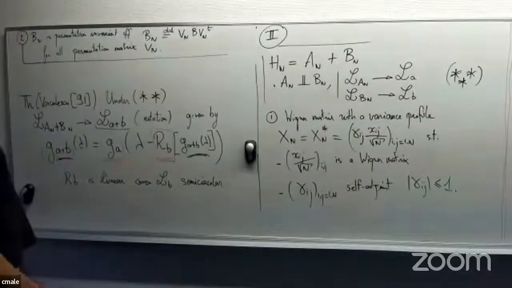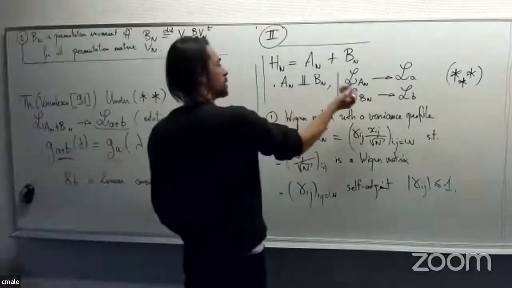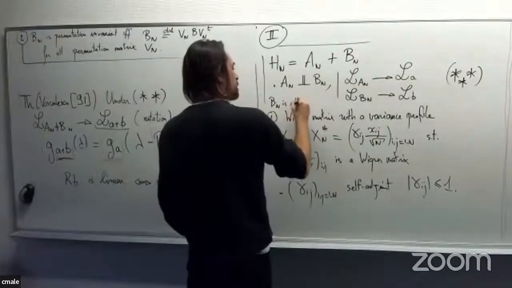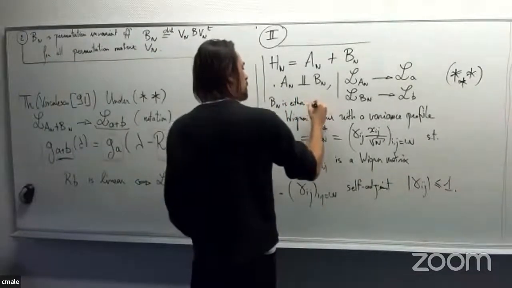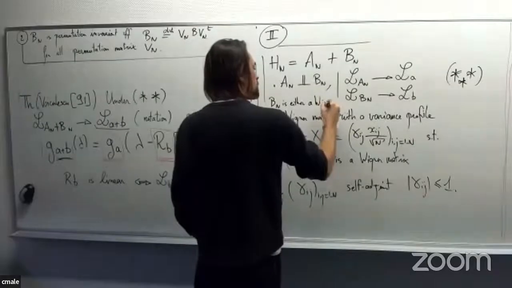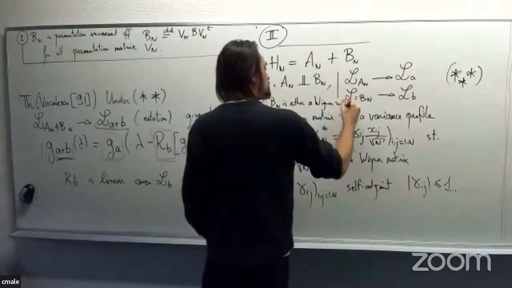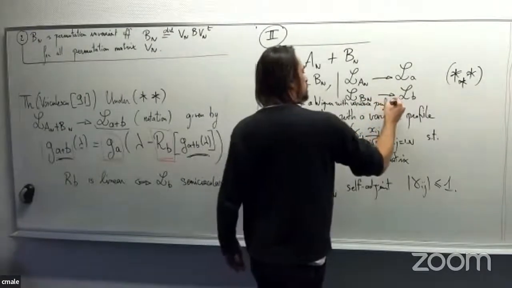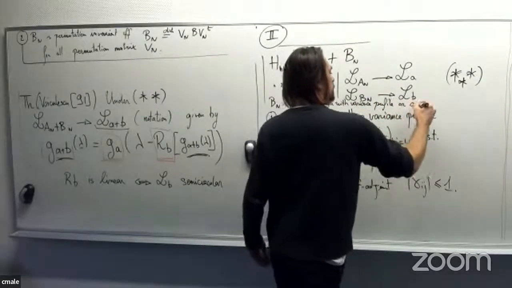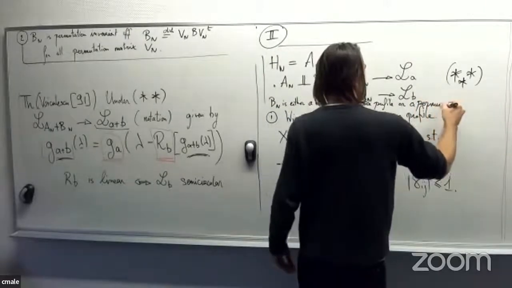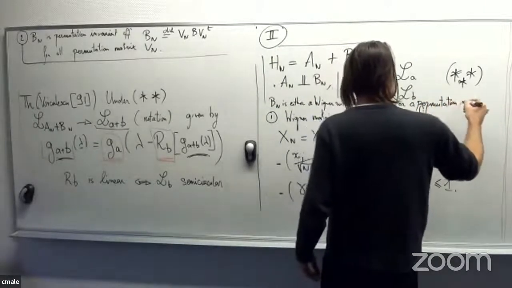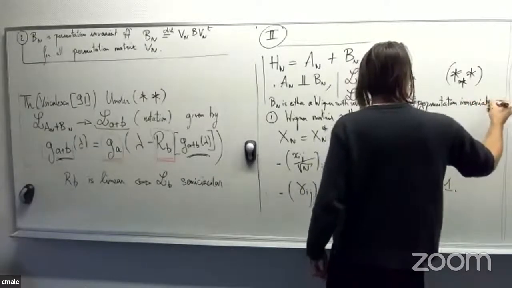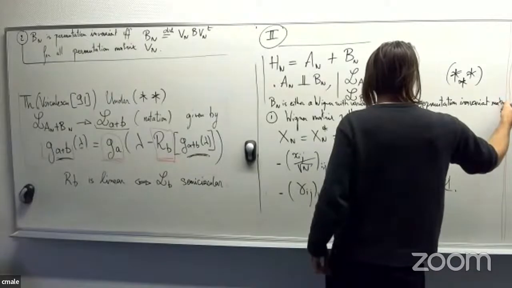And so we will consider the case where the matrices are independent and B_n is either a matrix of the Wigner model with variance profile or a permutation invariant matrix.